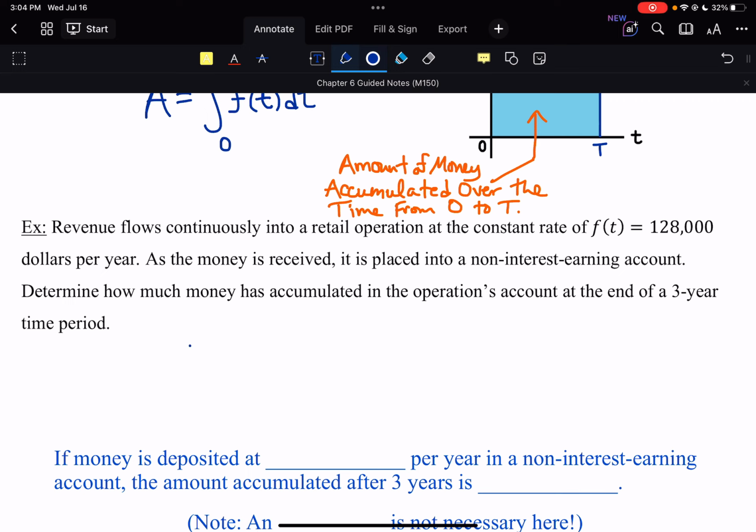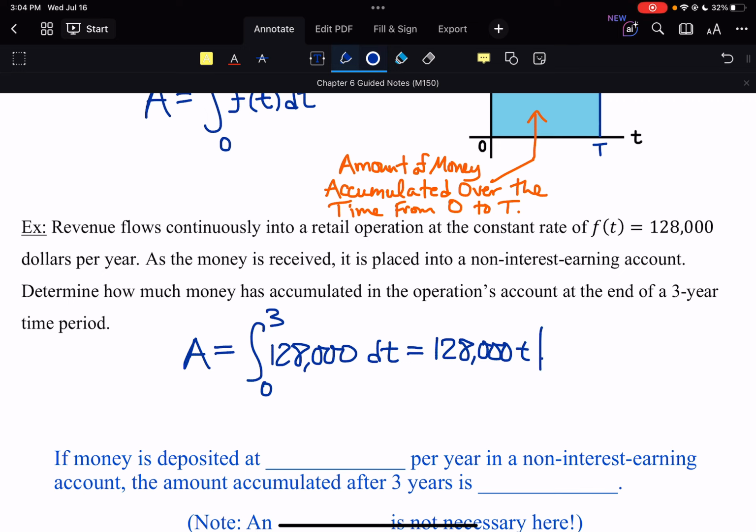So the amount will be the integral from 0 to 3 of 128,000 dt. And that's simple enough to integrate. It's a big number, but it is just a number. So it just picks up a variable, evaluated from 0 to 3. We get 384,000 for our answer.